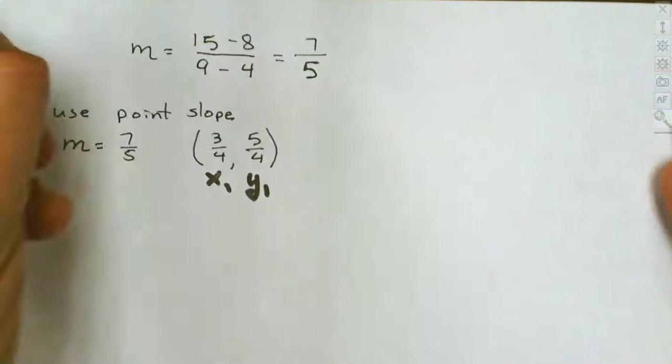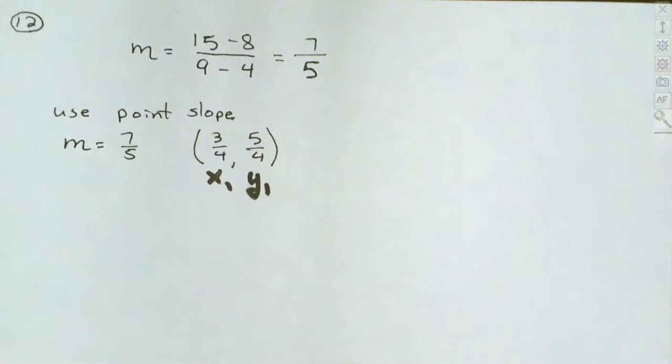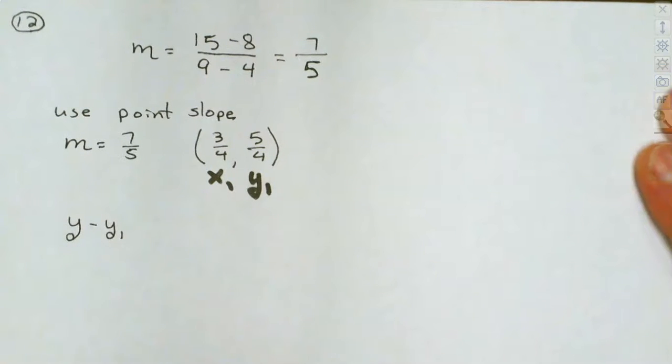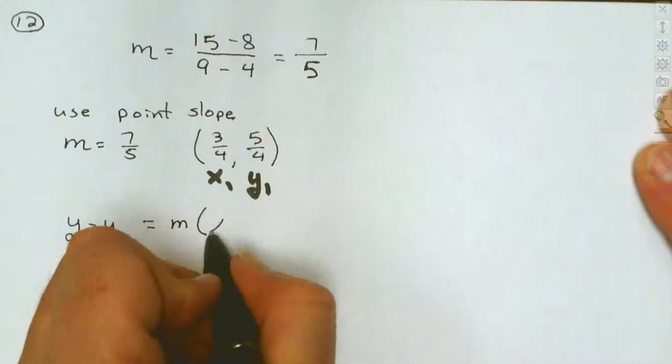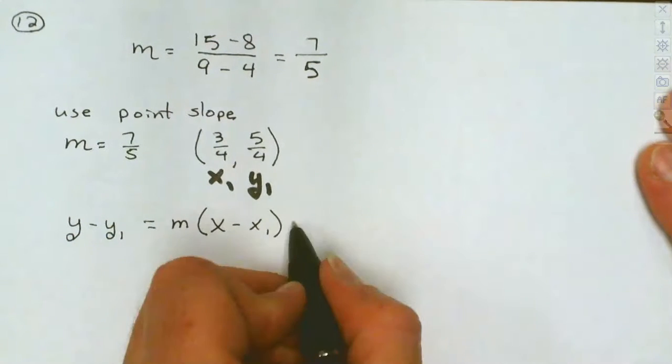And again, just so you know, we're still in question 12 here. Write up our formula so we have it, which is y minus y1 equals m times x minus x1. We fill it in.